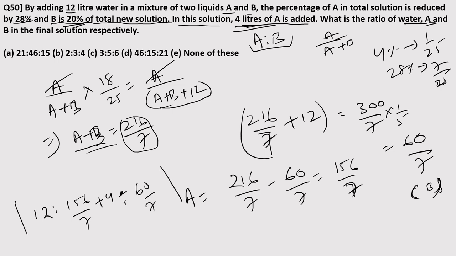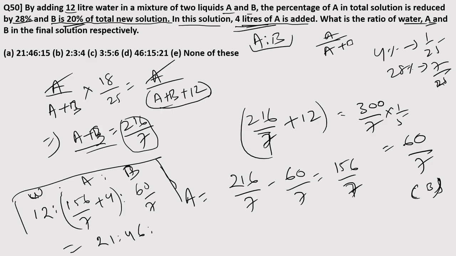So this has to be my answer. Now if I simplify this, this is A, this is water, this is A, this is B. I am getting 21 is to 46 is to 15. This is the final answer. Okay, I hope it is clear.